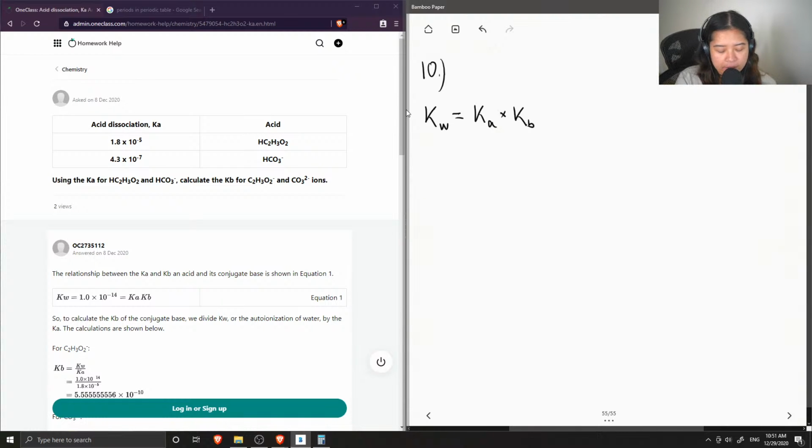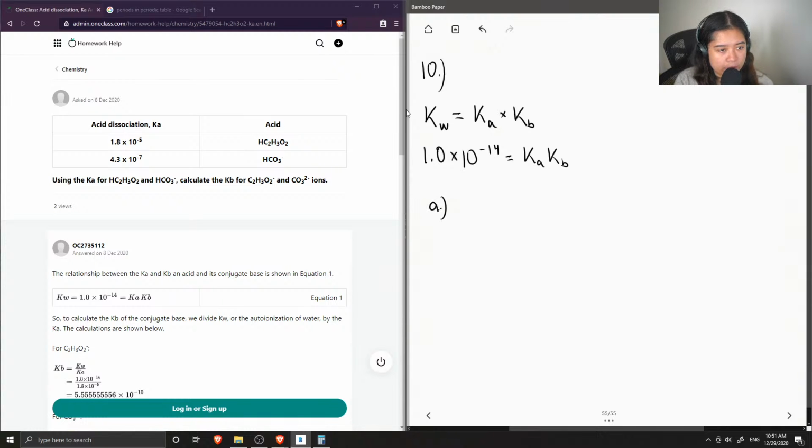And the Kw value has a value of 1.0 times 10 to the negative 14. So since we know the value for Kw and we're given the value for Ka, then we can calculate the Kb of all of the conjugate base ions for the acids.